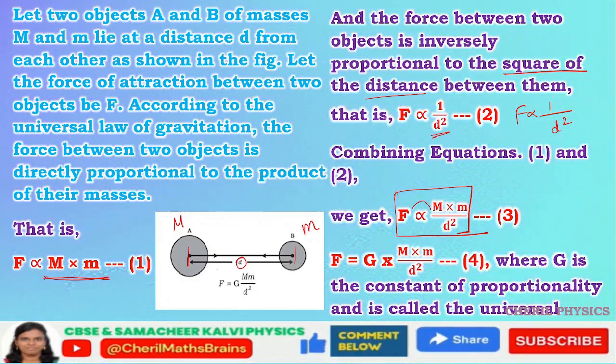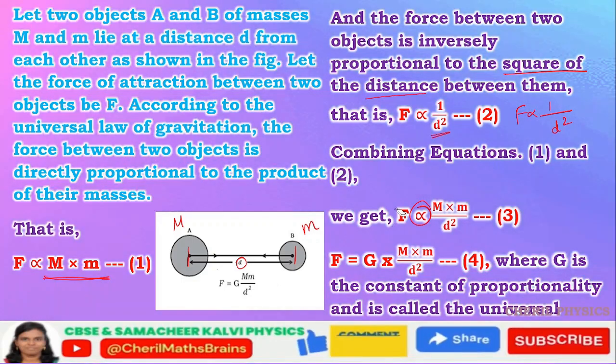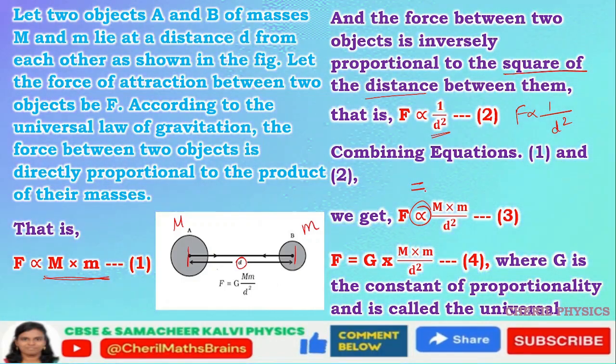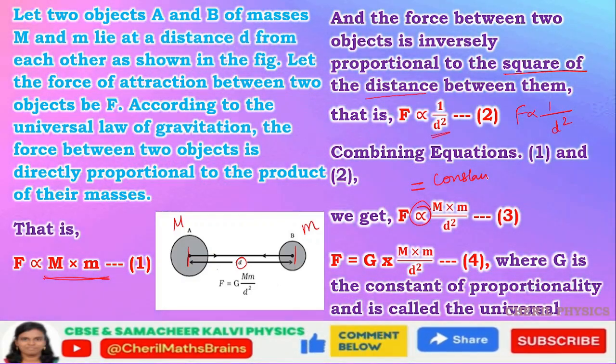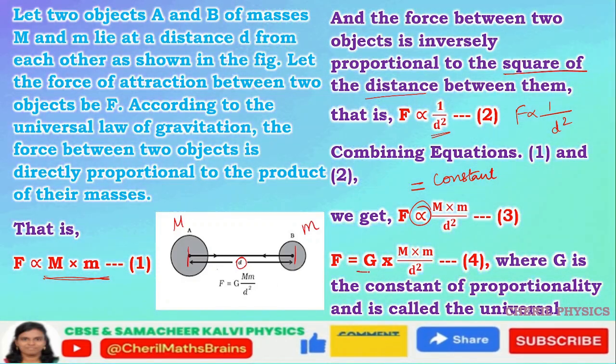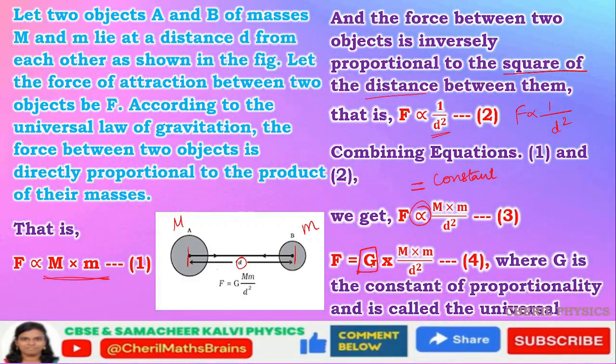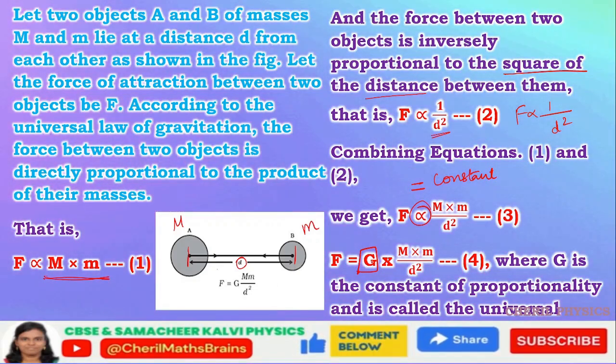Remember children, whenever we have a proportionality symbol, we have to remove it by replacing it with an equal to sign, and we will have to introduce a constant. This constant is capital G, and this G is called the universal gravitation constant.